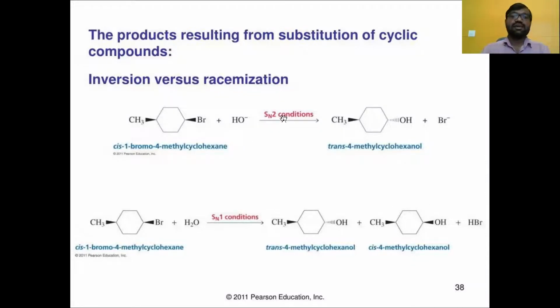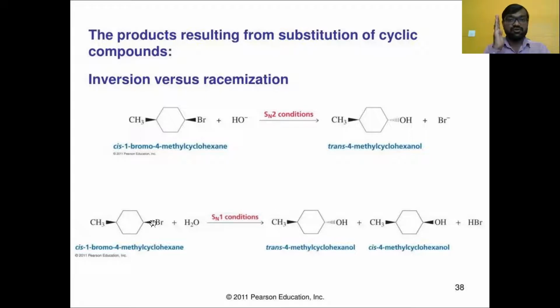क्यों ऐसा? क्योंकि Sn2 में जब nucleophile इस साइड से attack करेगा, मानो कि this is at the front side, so it will attack from the back side, and it will be attached at the backward position. But in Sn1 condition, after the loss of this bromine, it will form a carbocation.